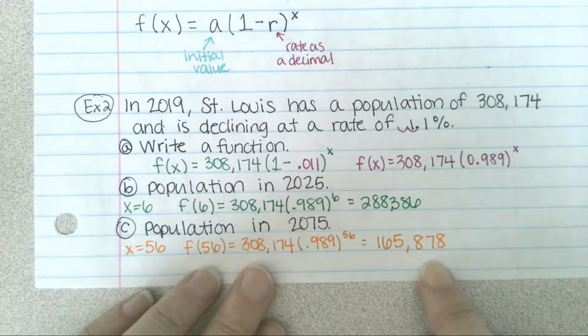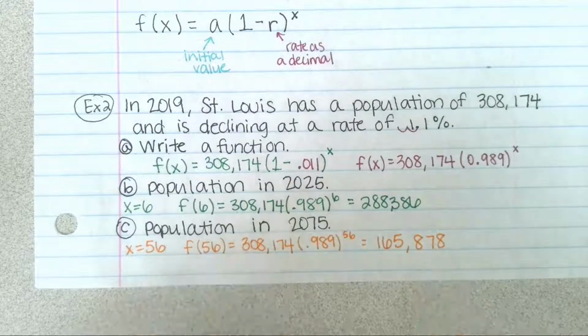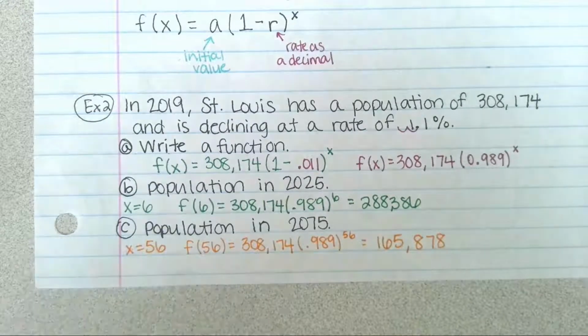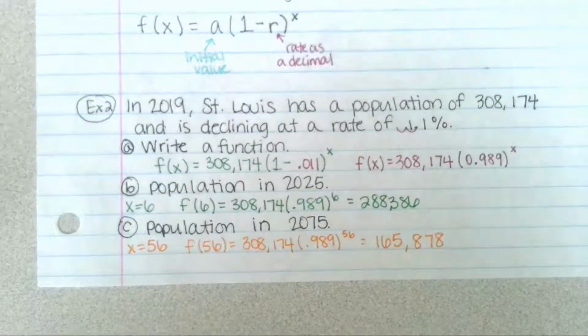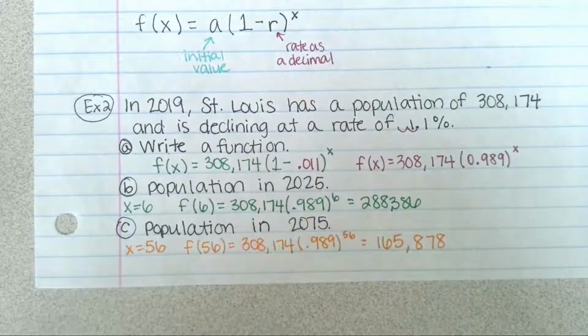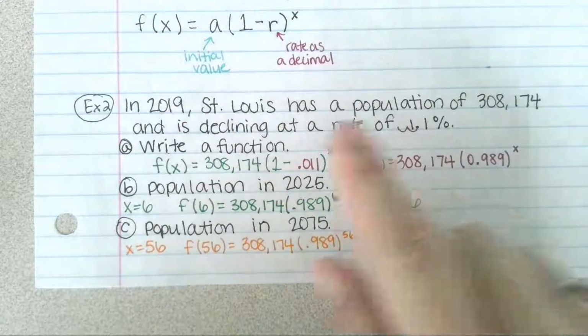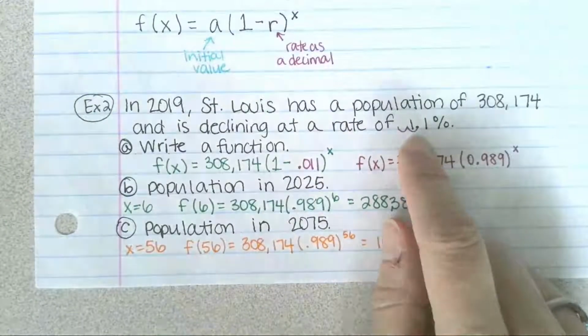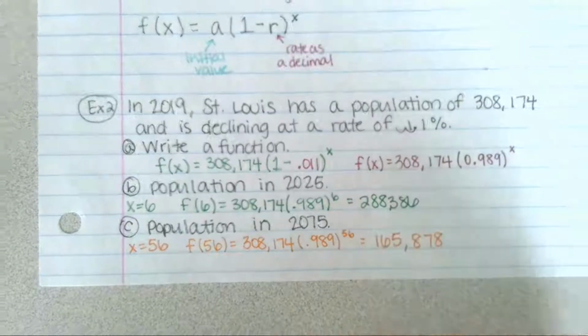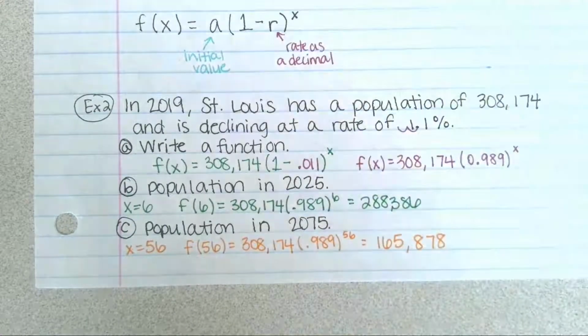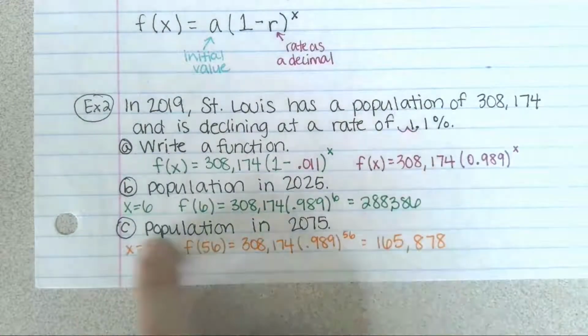Probably not, because after a while, you would assume that their population is probably going to start growing again. However, right now, the way that things are going, they are declining, and they are declining at a rate of 1.1%. So we have to assume for now that that's likely to continue, which is why we're going to use this to make a prediction.